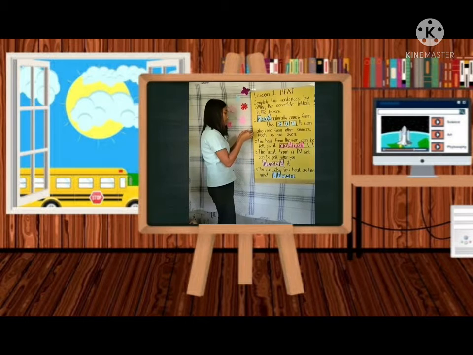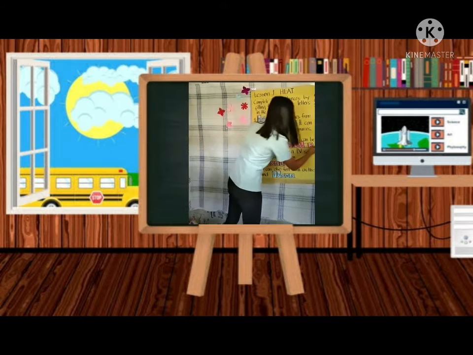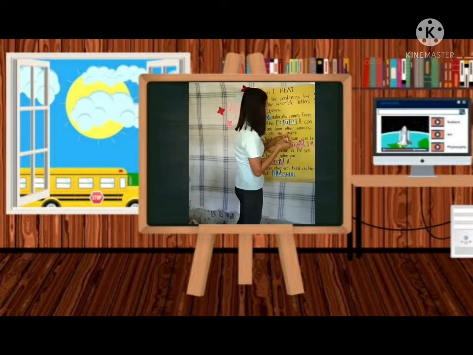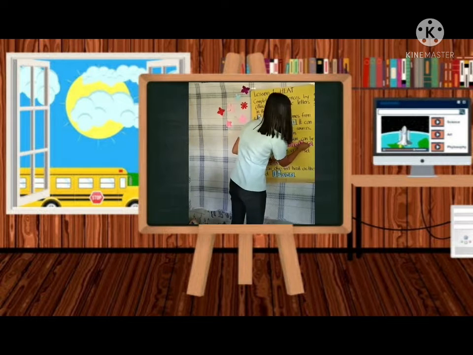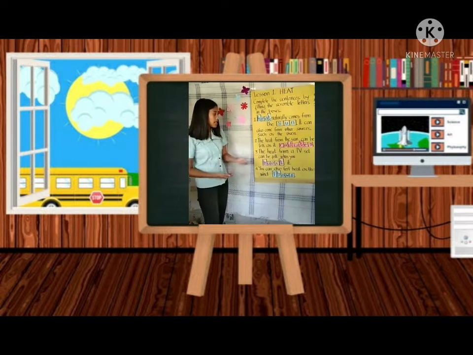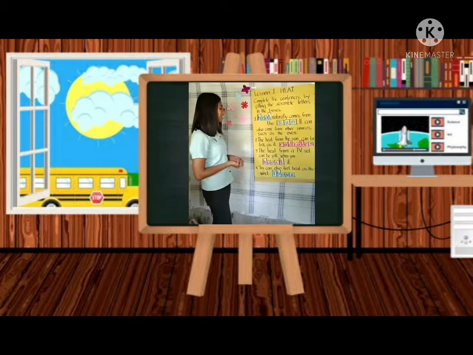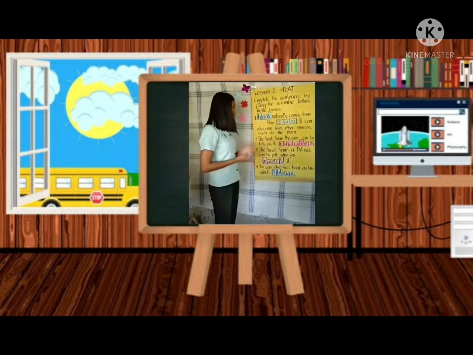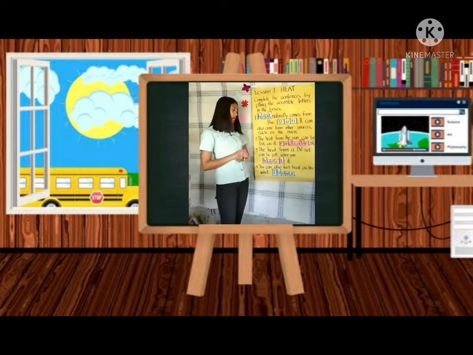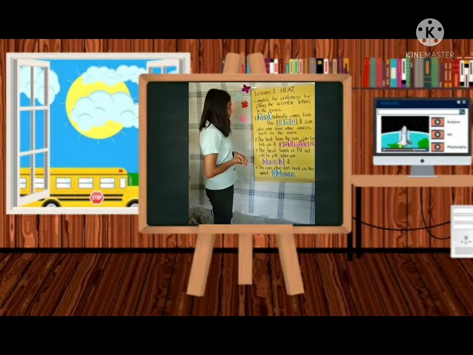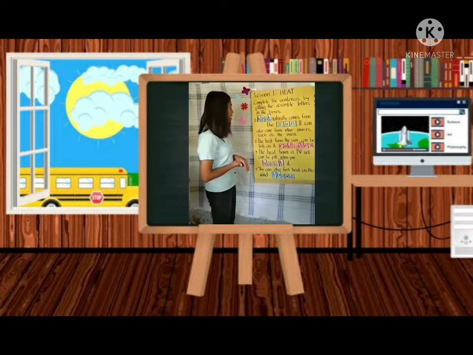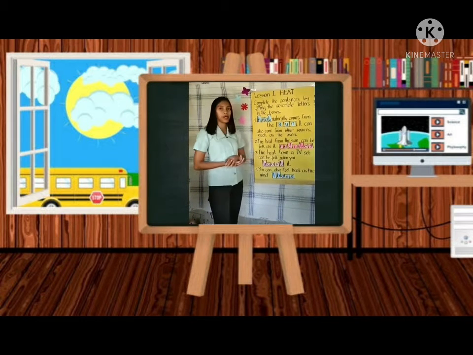Okay, the letter S would be in the last box and the letter E. Is this sentence already complete? Okay, very good. So, the heat from the sun can be felt as it radiates. Since number 2 is a complete sentence, let's proceed to number 3.